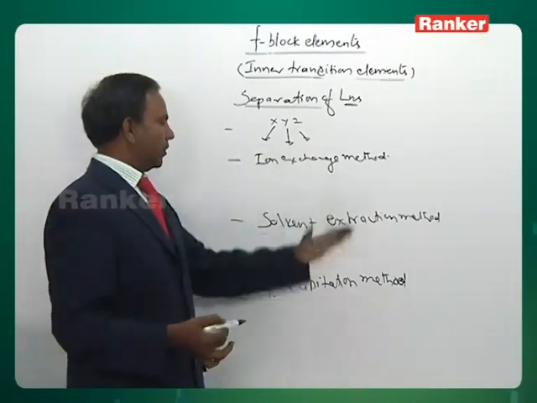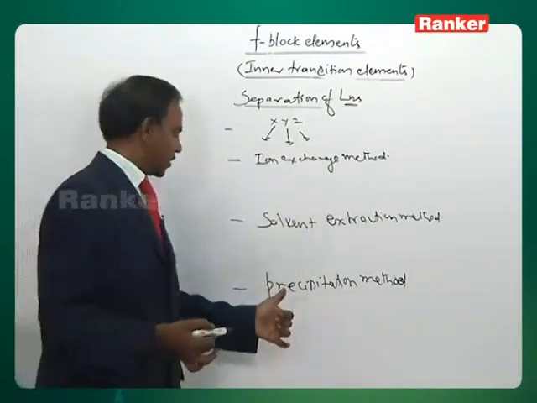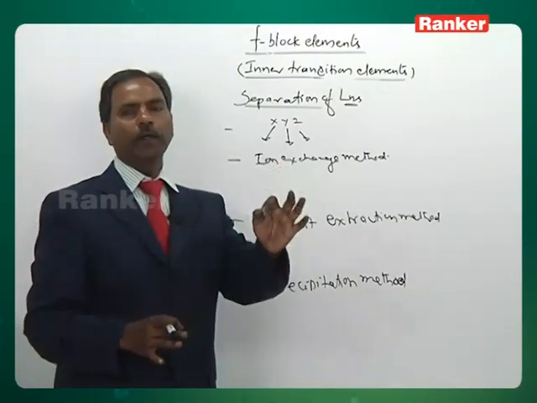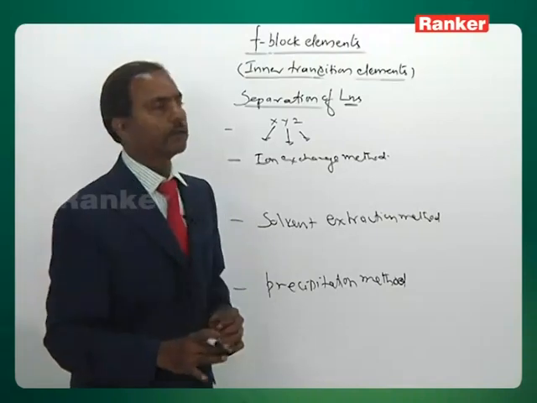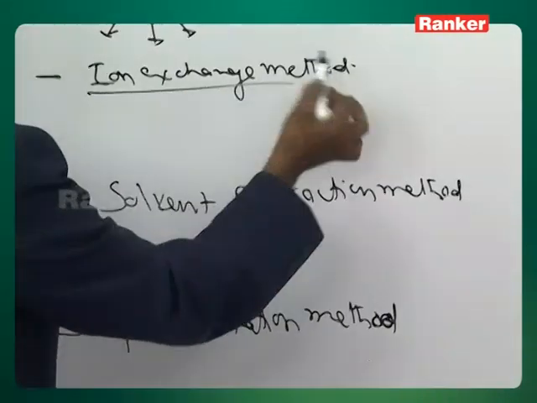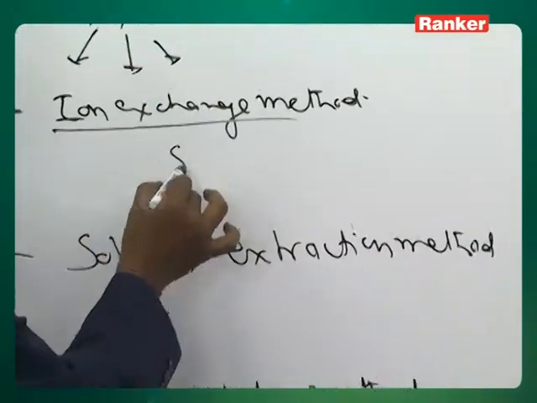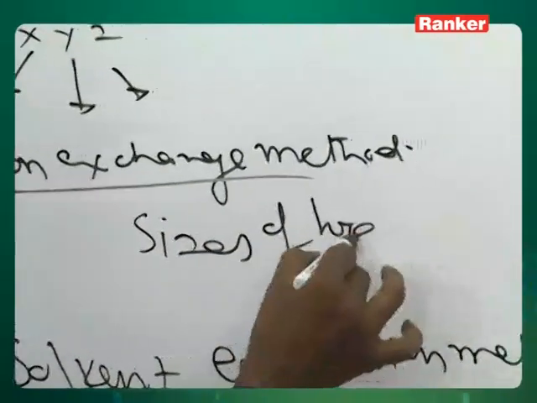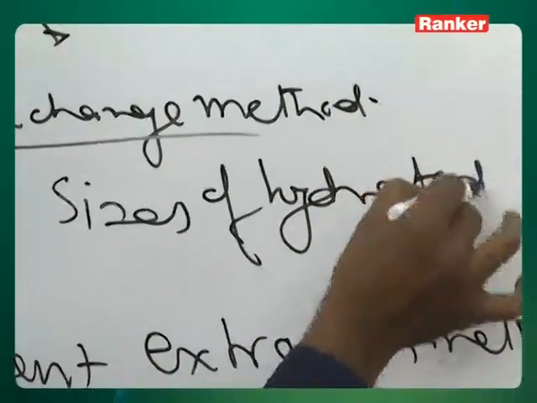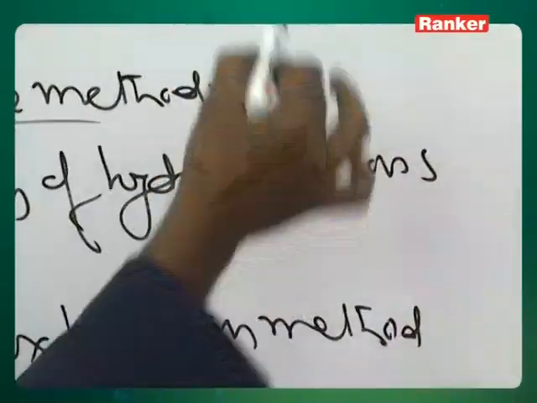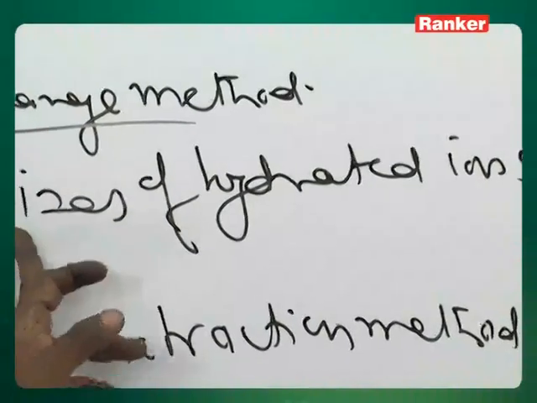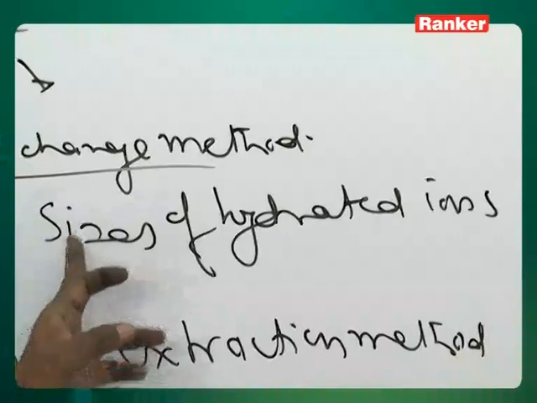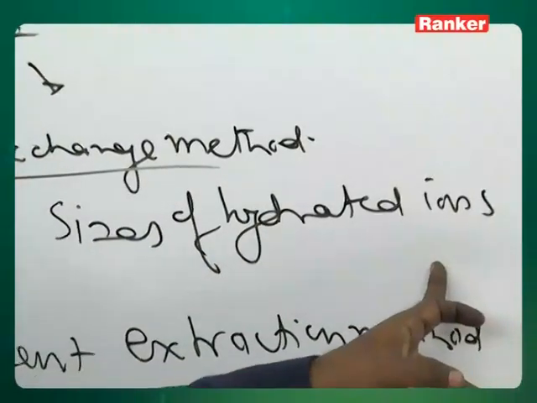Mainly, questions appear on these methods: ion exchange, solvent extraction, and precipitation. Each method depends on what factor? That is very important to remember. The ion exchange method is based on the sizes of hydrated ions.